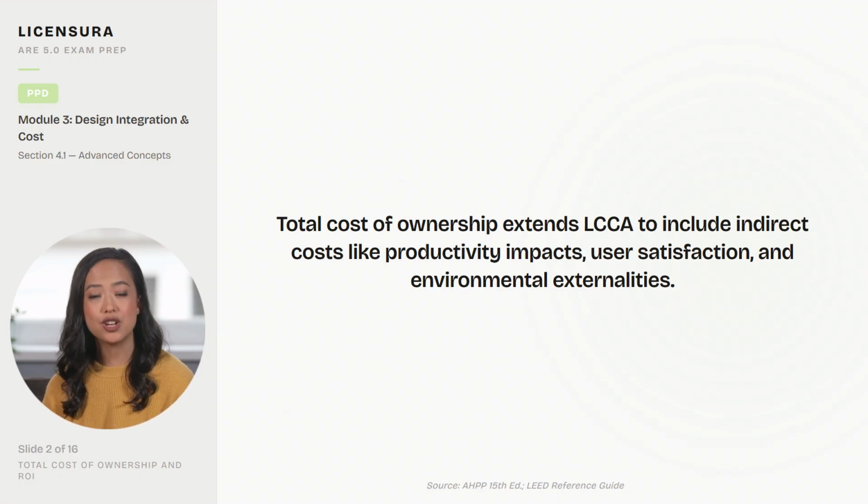Total cost of ownership extends LCCA to include indirect costs like productivity impacts, user satisfaction, and environmental externalities. Return on investment (ROI) calculations help owners justify higher first costs for sustainable or high-performance features.